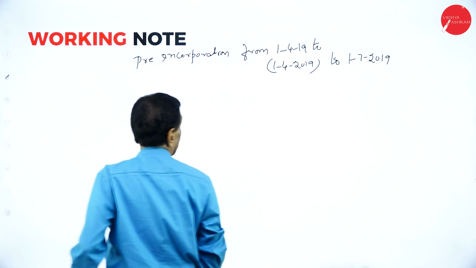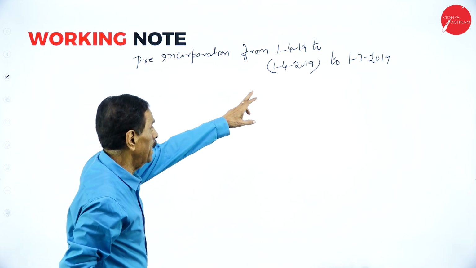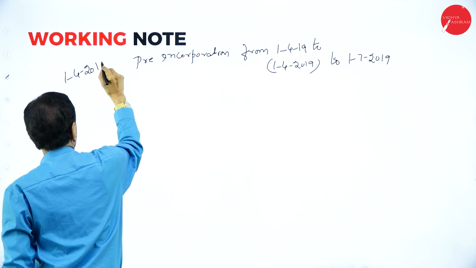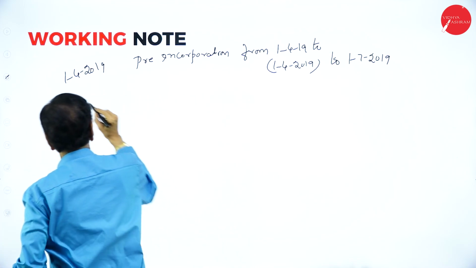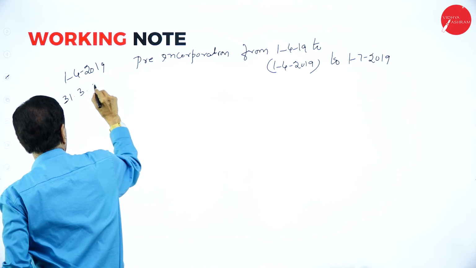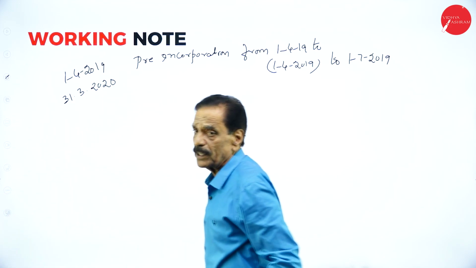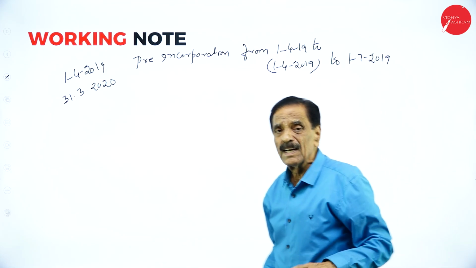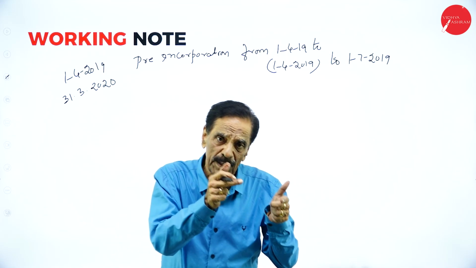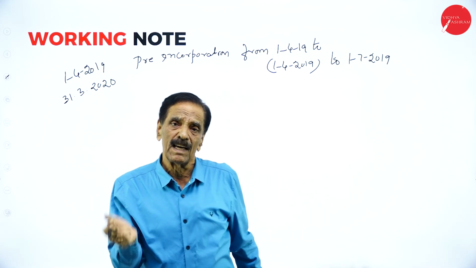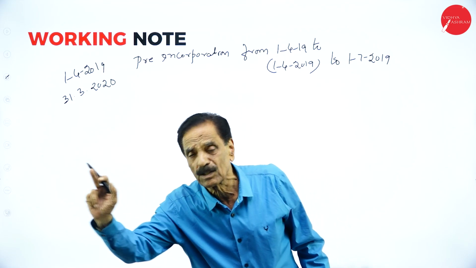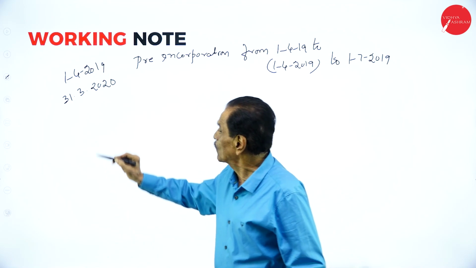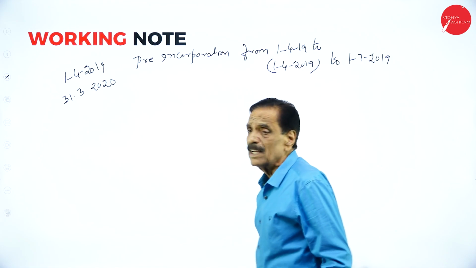From 1/4/2019 to 31/3/2020 is one year. Financially, we have two kinds of year: the calendar year, which starts in January and ends in December, and the financial year, which starts in April and ends in March. The starting day is 1/4/2019, and the year ends on 31/3/2020.